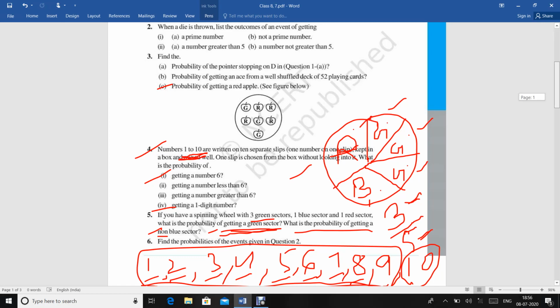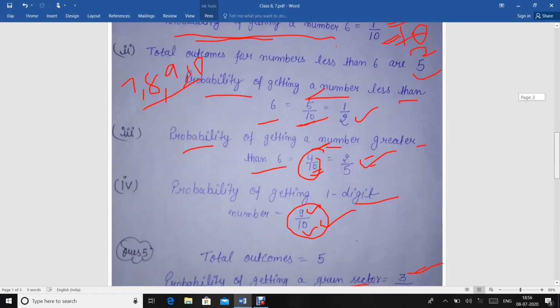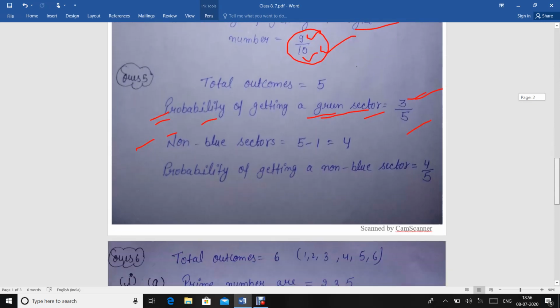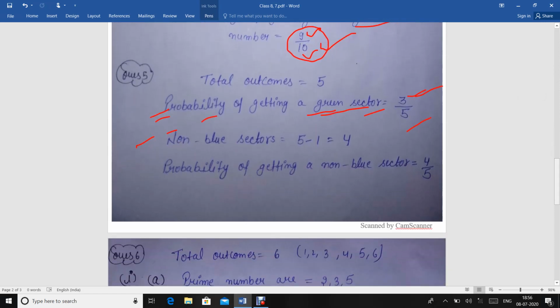As you know, total sectors are 5 and 1 is blue. So non-blue sectors equal total sectors minus blue sectors. Blue sector is 1, so 5 minus 1, that is equal to 4.